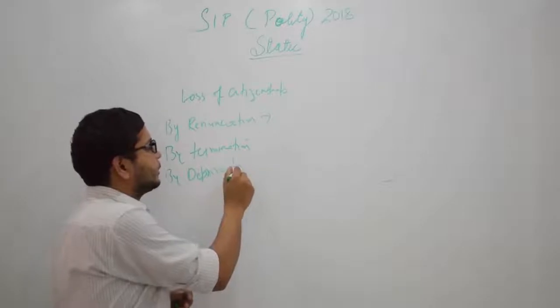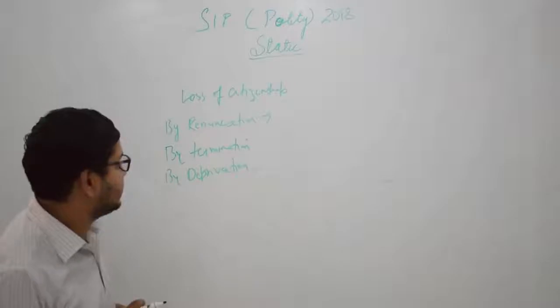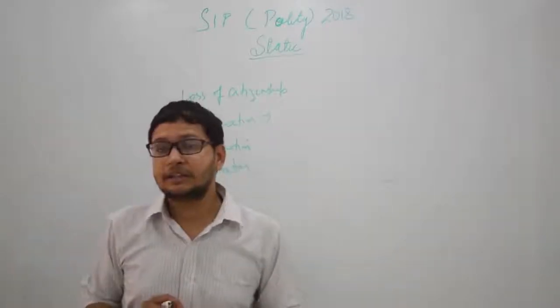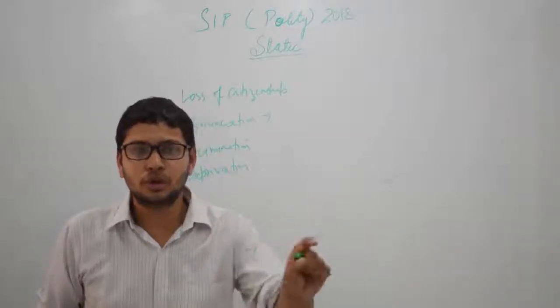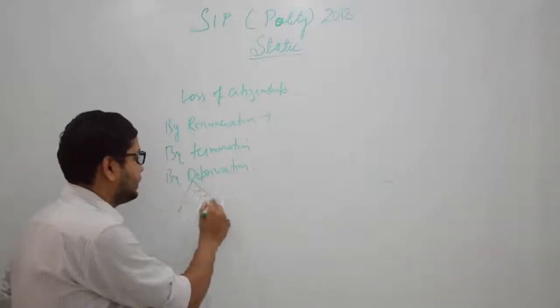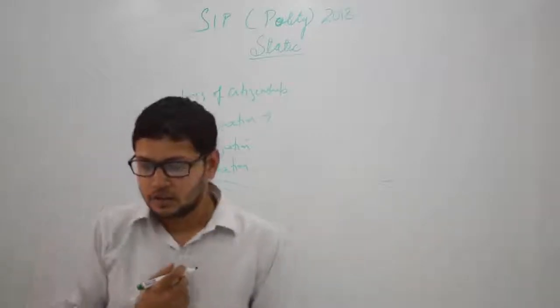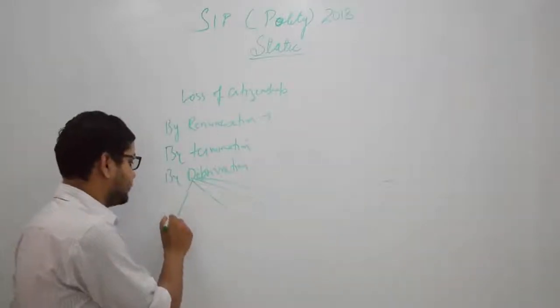Right? Third method is by deprivation. Now in this case, there is compulsory termination of citizenship by the government. The government here compulsorily says that you are no more an Indian citizen. There are 4 cases in which this applies. First is when you have acquired the citizenship by fraud.